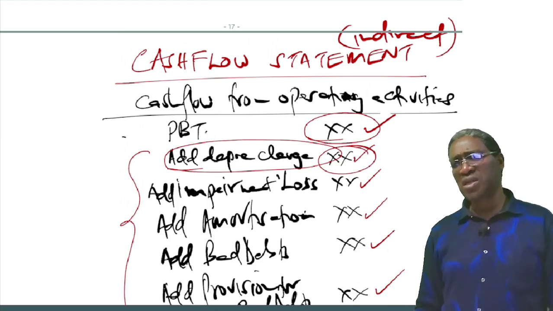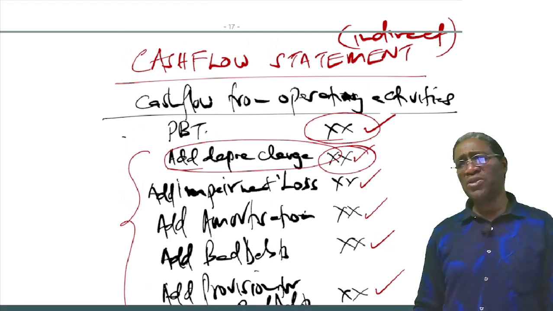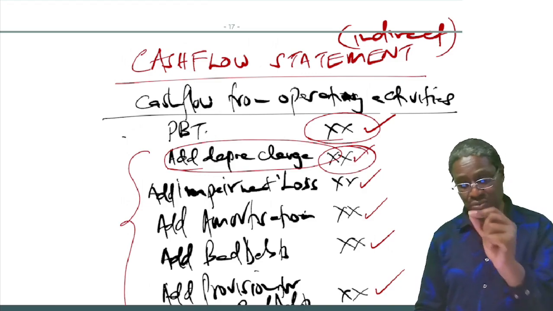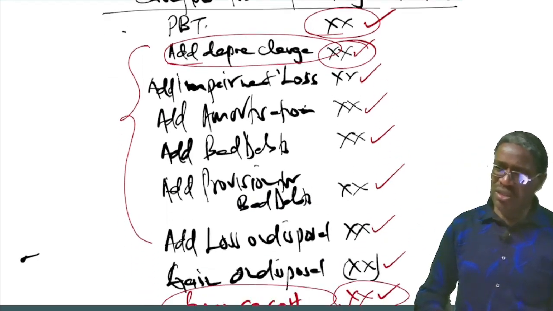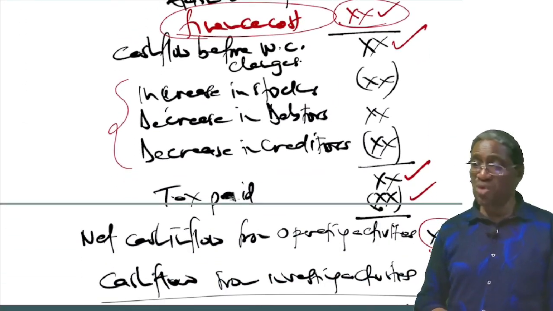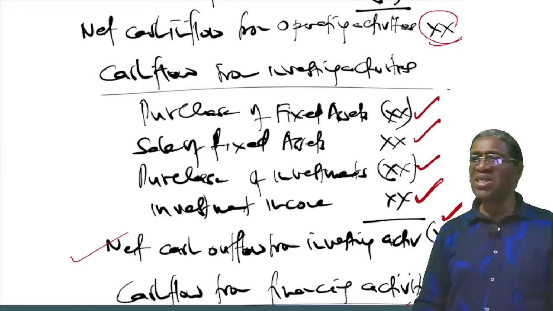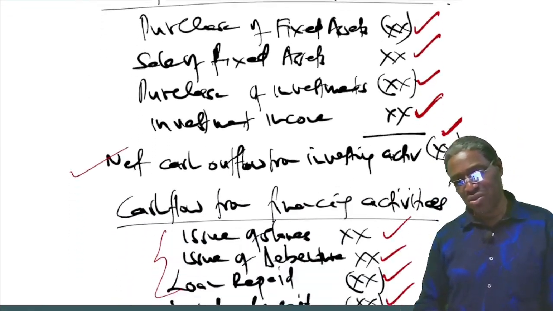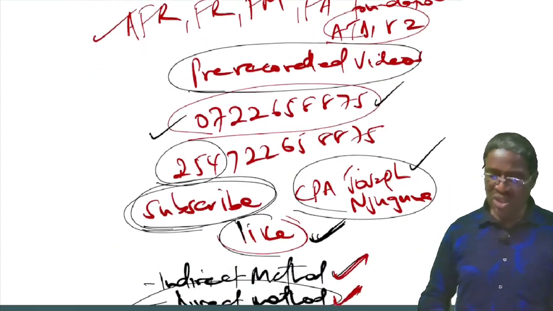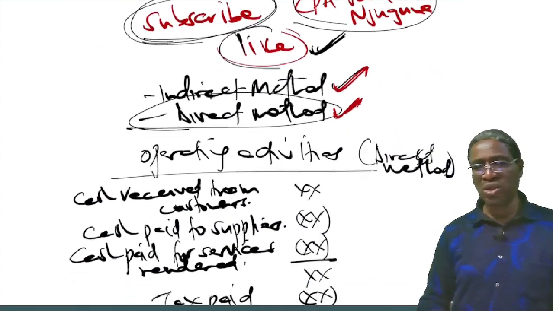Most students prefer this method of presenting the cash flow statement. But sometimes you may be required to prepare your cash flow statement using the direct method. That's where we stopped, and that's where I want to continue now.